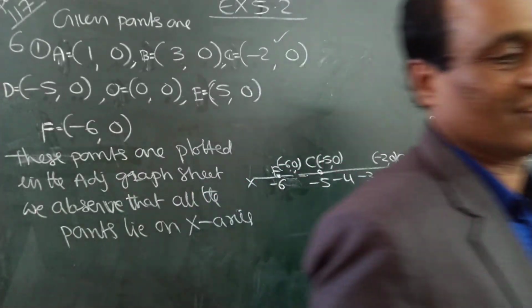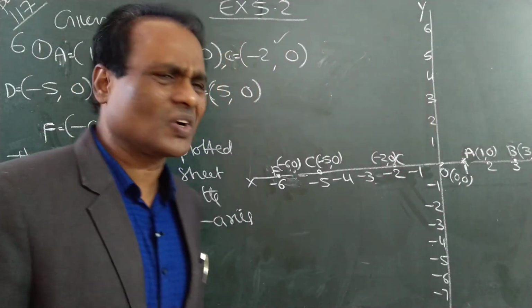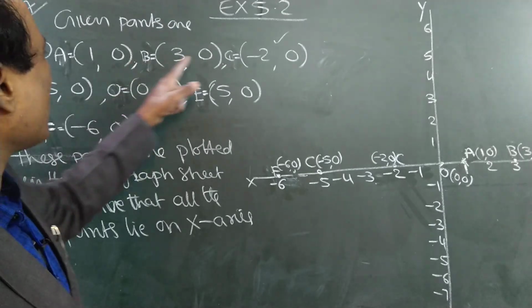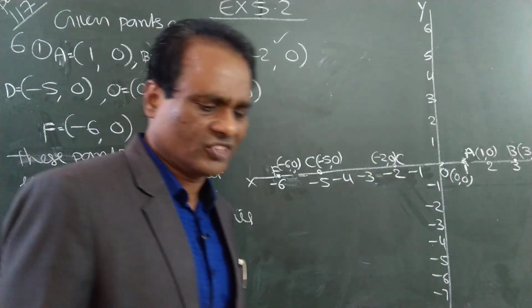Any doubt in this? Followed or not? Understood or not? All the points lie on the x-axis. Without drawing this figure also you can tell, because y coordinate 0 means all lie on the x-axis. Just simple.